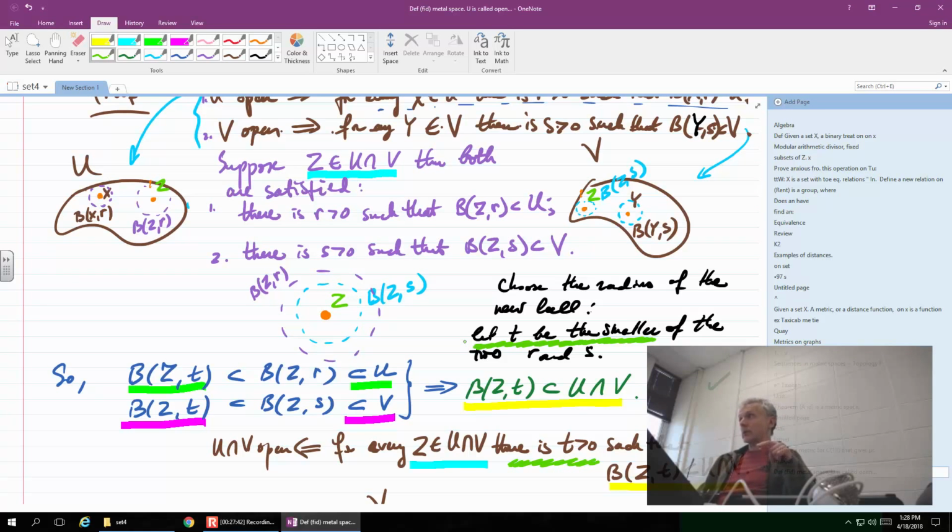We not only said it, we pointed out what it's supposed to be. If those R and S that came from the openness of U and V were given, and they were, then we expressed T in terms of those two, and thereby we have found it. Okay? So what's the last step?